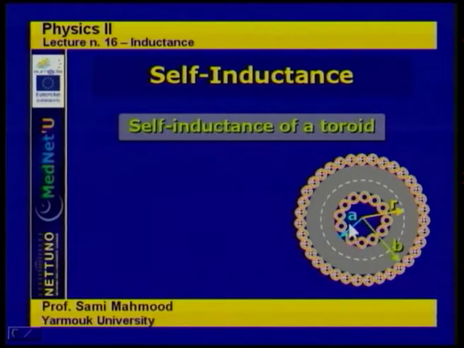And now we use Ampere's law to calculate the magnetic field inside the toroid between the windings, as we did for the solenoid.